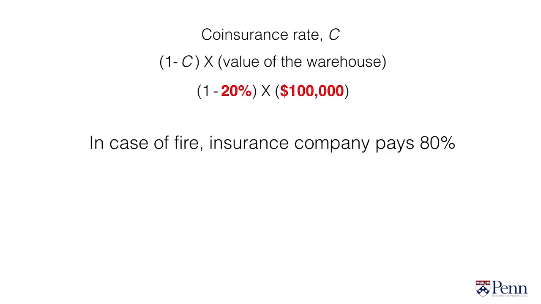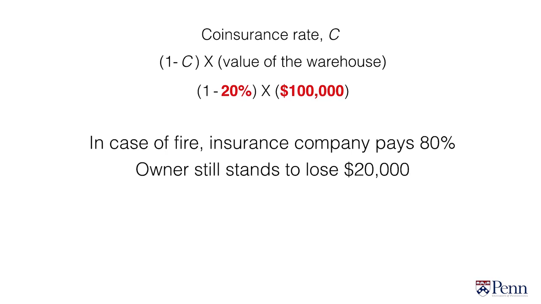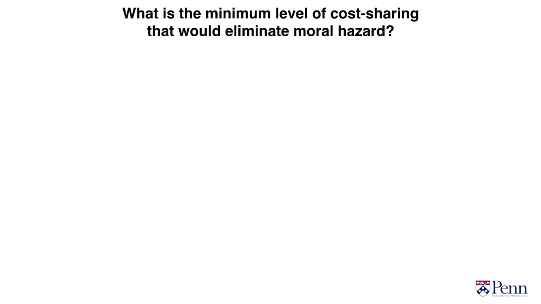In our example, the owner would be covered for $80,000, and in case of a fire, will still stand to lose $20,000. The question is, what is the minimum level of cost sharing that would eliminate moral hazard? Let's assume that we found the co-insurance rate that would make the owner provide training.